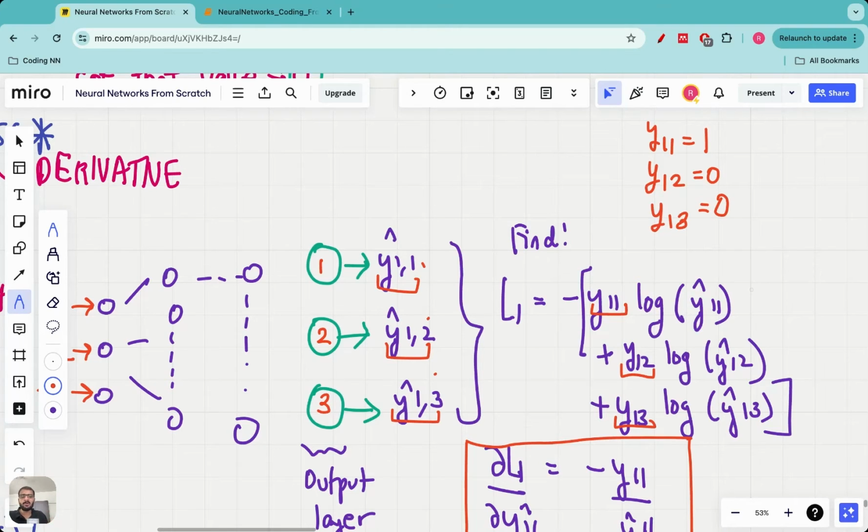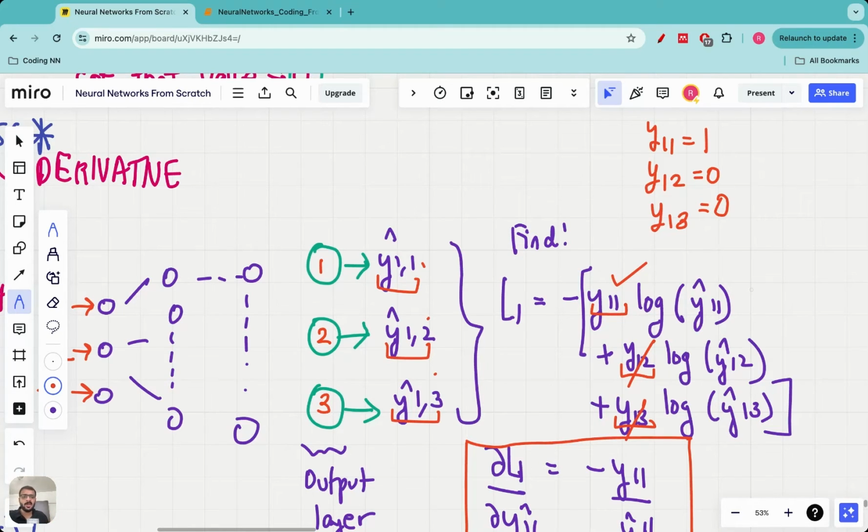Only one true label will be equal to 1, the others will be 0. So when you calculate the loss function like this, y12 is equal to 0 and y13 is equal to 0. So these terms won't matter. The only term which will matter is the first term. However, for the sake of calculation of this derivative, it's much more useful for us to write down this entire set of equations like this.